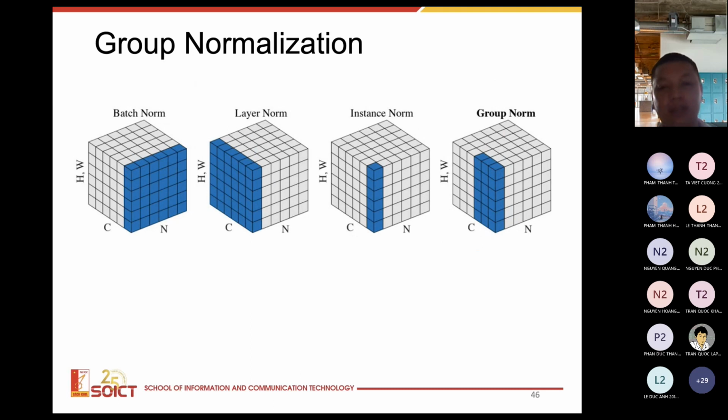Group normalization is something in between: you do the normalization for one sample over a subset of the channels you want.